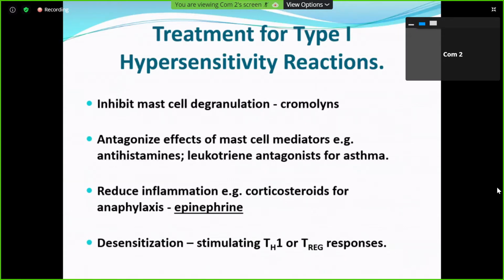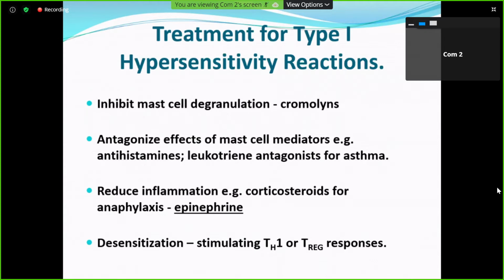In severe cases, you might want to inhibit mast cell degranulation through these drugs, these cromolyn drugs. In life-threatening situations, you'd use corticosteroids like epinephrine.